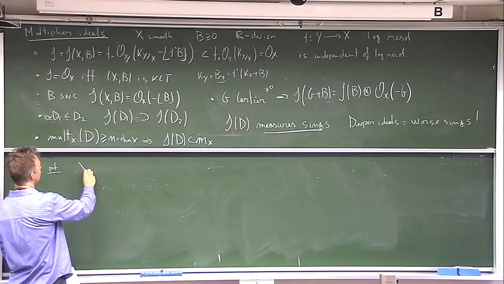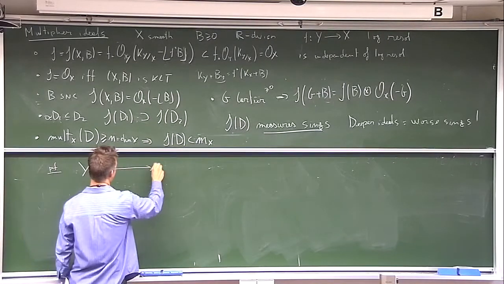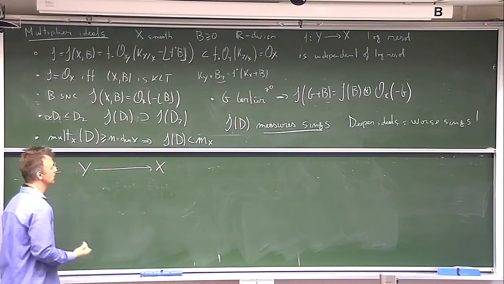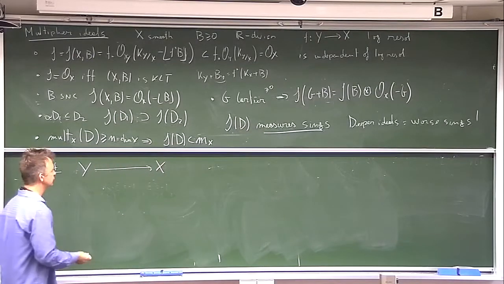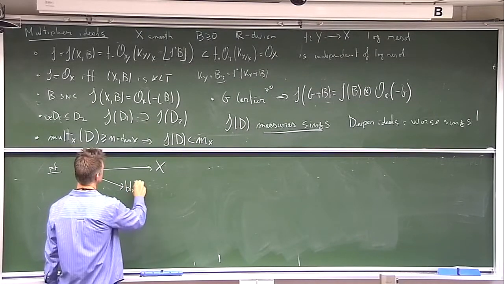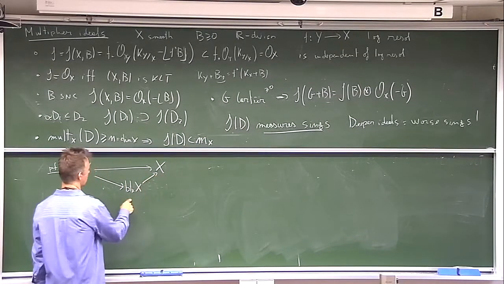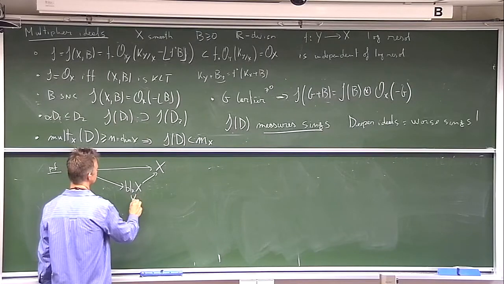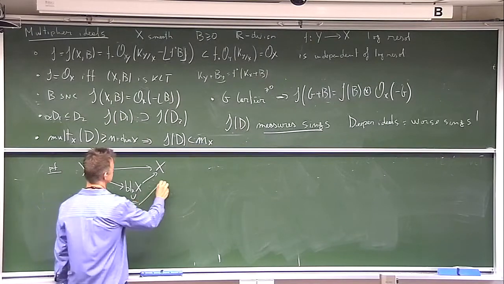You look at your resolution, y to x, and since it works for any resolution, you may assume that this resolution factors through the blow-up at x of x. Now, the blow-up of x at x contains one interesting exceptional divisor that maps to the point x.